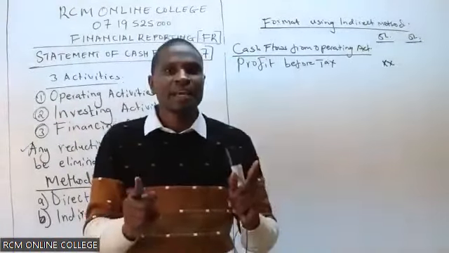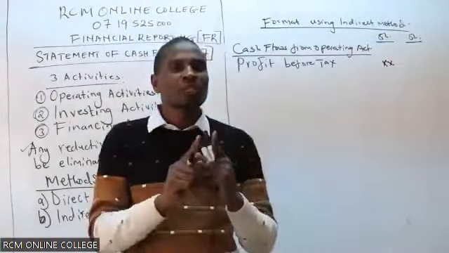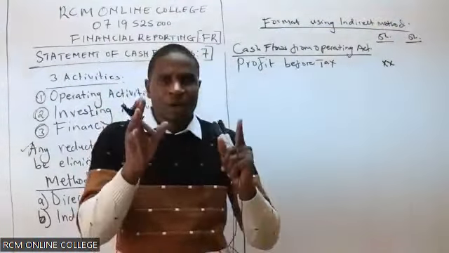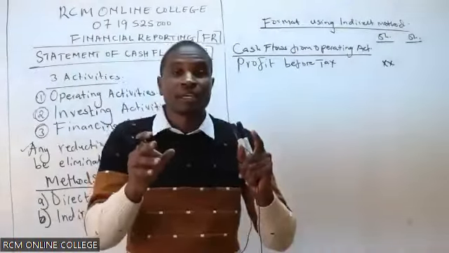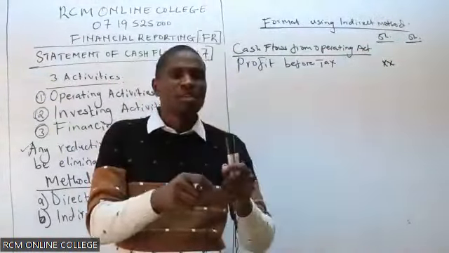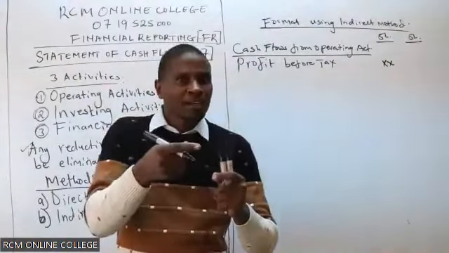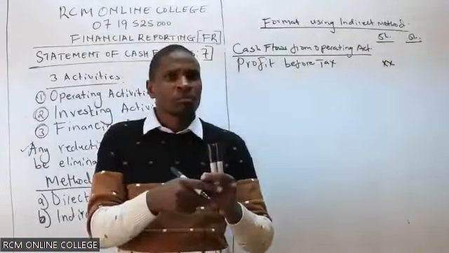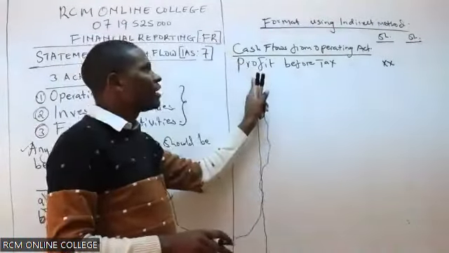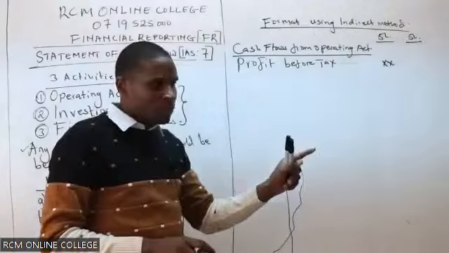Sometimes the examiner may give you profit after tax. We shall look at it when the examiner gives you profit after tax. That means we shall be adding tax back. But I don't want us to look at that now. I first want us to look at what happens when we are given profit before tax.